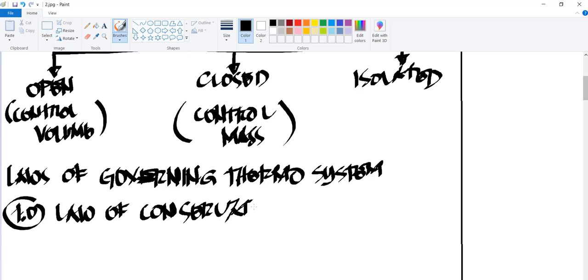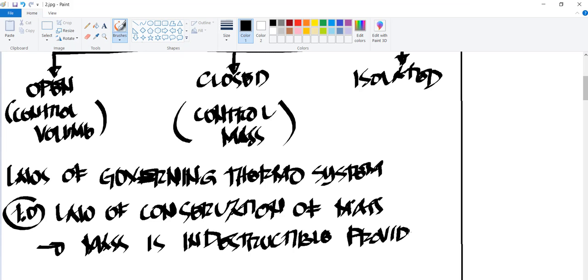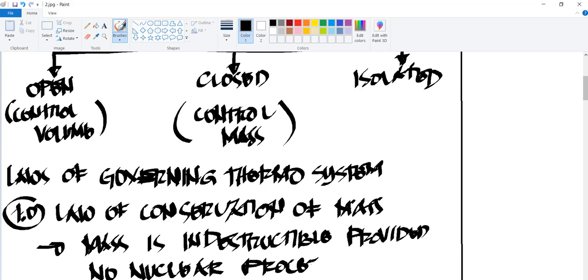Mass is indestructible, provided no nuclear process is involved. Okay.